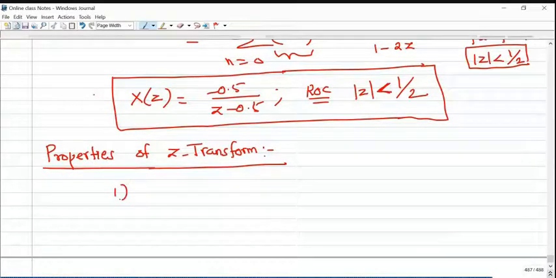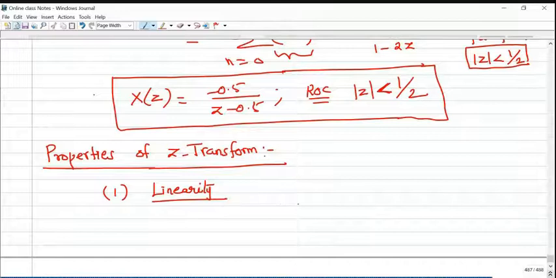Okay, first property, linearity property. This property we studied in all the transform techniques. What is the linearity property?